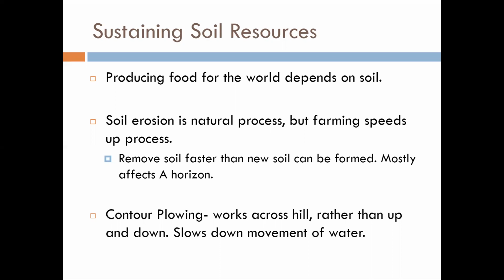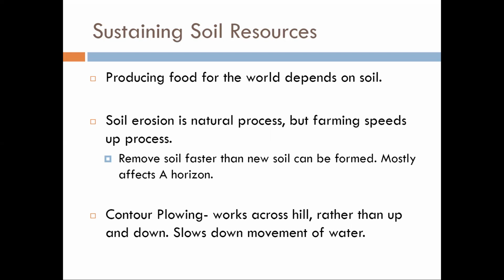Another term I want us to be familiar with, contour plowing. This works across hills, rather than up and down. There's a picture on the next slide to better show this, but you are farming, planting across a hill rather than up and down.